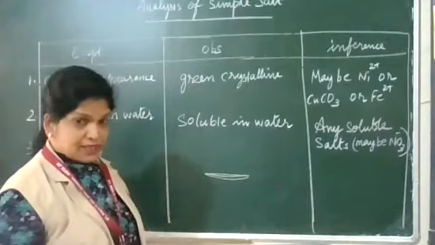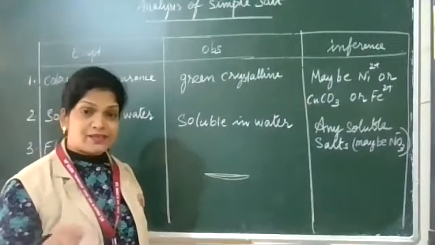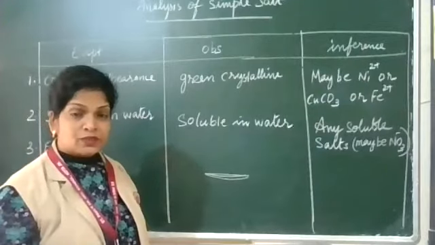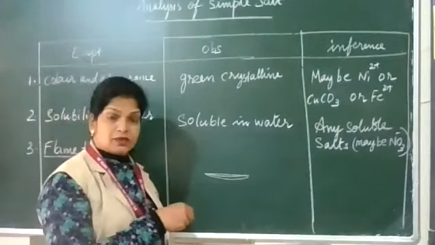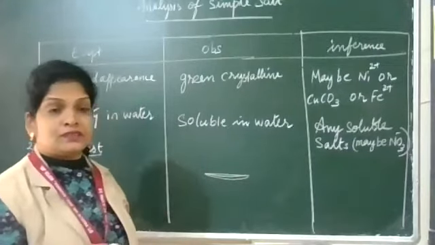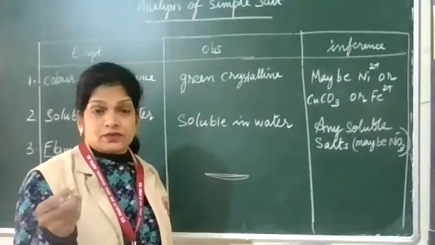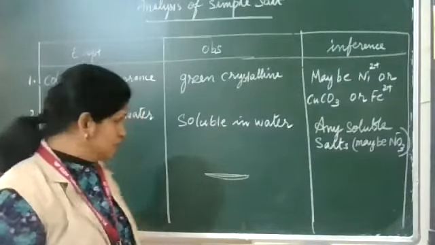I gave you nickel sulfate, so we are changing it to nickel chloride. Chlorides are highly volatile. So we make a paste with 1 drop of concentrated HCl, and when you show this paste at the non-luminous part of the flame, it will easily catch fire.